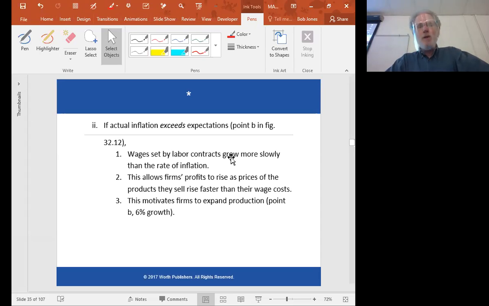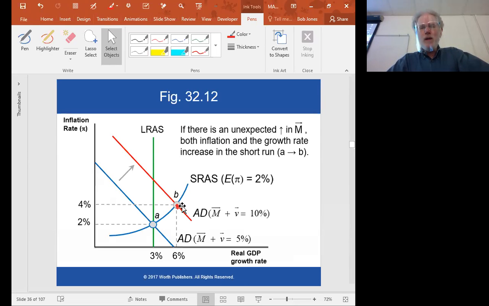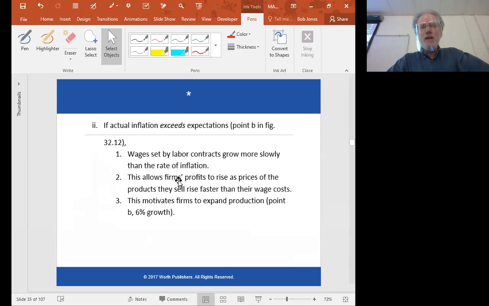So in the situation we're talking about here, where actual inflation is greater than expected, corresponding to what we have at point B, you've got wage rates that are going to be going up at 2%, but the actual inflation rate is 4%.